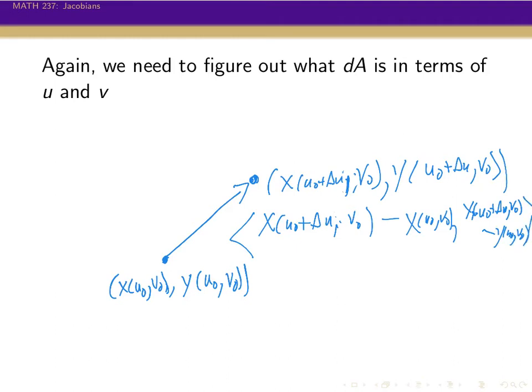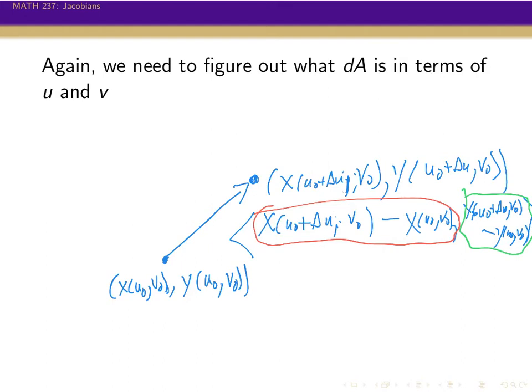Okay, so if you look at this difference here and this difference there, which is rather ugly, I think you can figure out what it's supposed to be. This is looking rather similar to the definition of partial derivatives. What it's missing is dividing by delta u on the bottom, or instead we can think of it as having multiplied by delta u.